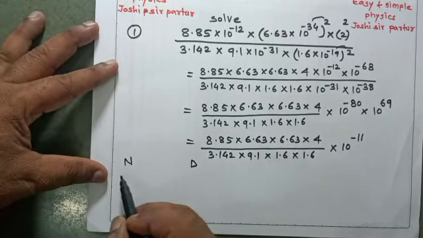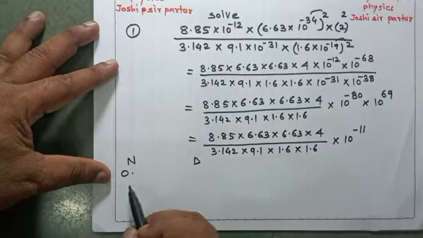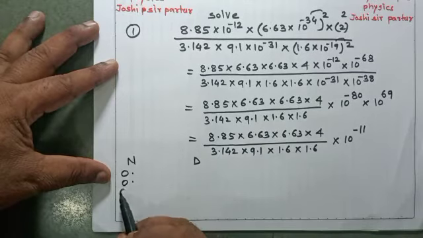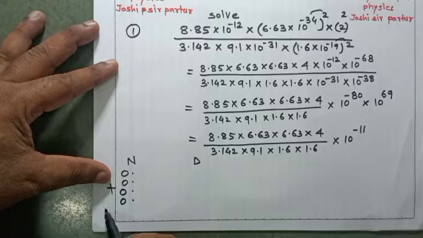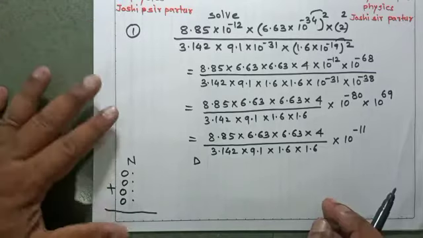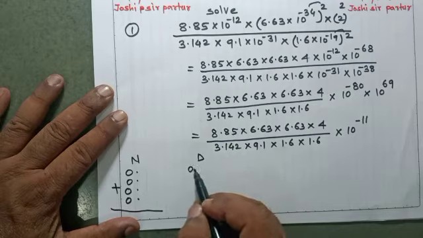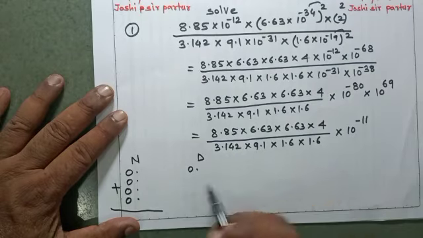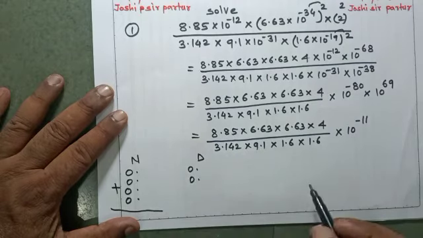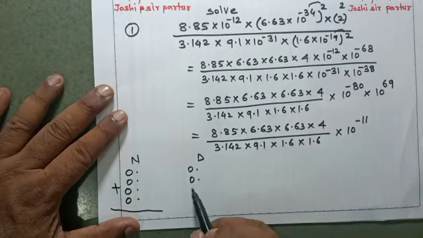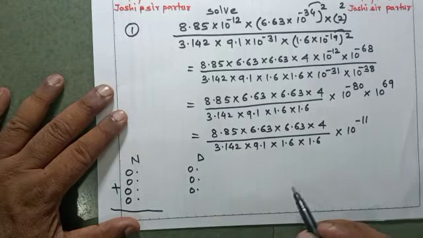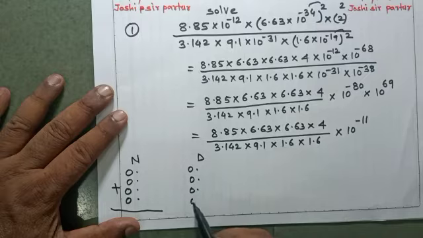So here the characteristics will be 0 point, next 0 point, next 0 point, and for 4 it is 0 point. Multiplication is there, so add. Here in the denominator, 3.142, its characteristic will be 0 point. 9.1, its characteristic also will be 0 point. 1.6, its characteristic will also be 0 point. 1.6, its characteristic is also 0 point.